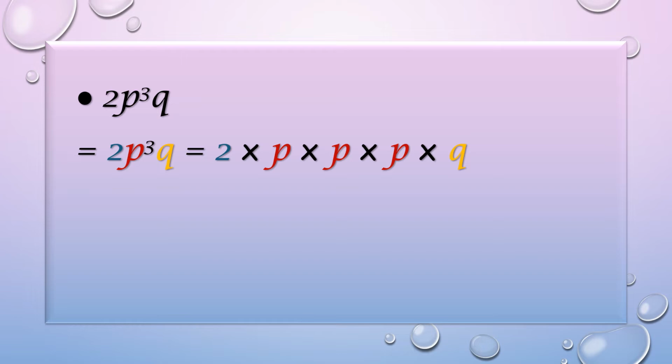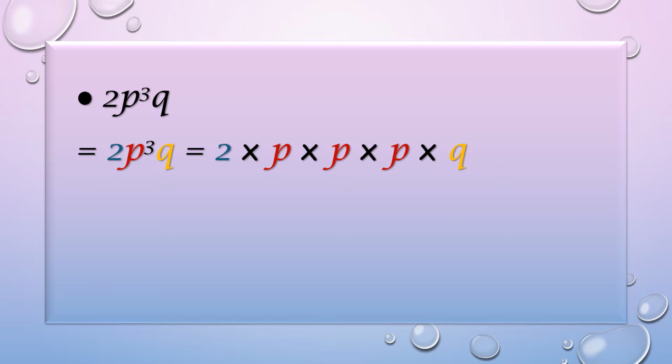Here is an algebraic expression, 2p cubed q. There is a numerical value. It's blue in color. P is red in color.